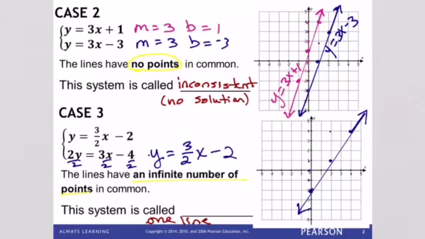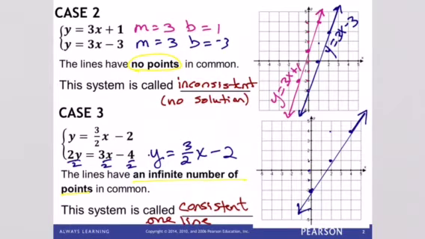Because if the two lines are on top of each other, then every point on the line is a solution. And so this one is consistent because it has a solution.